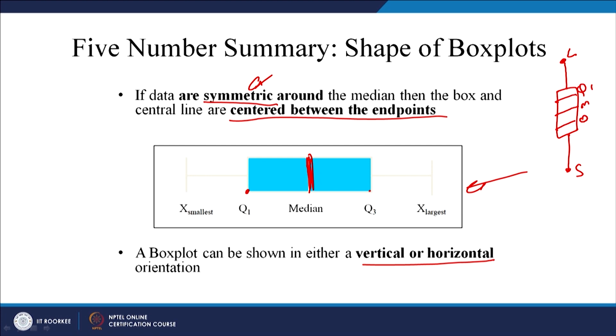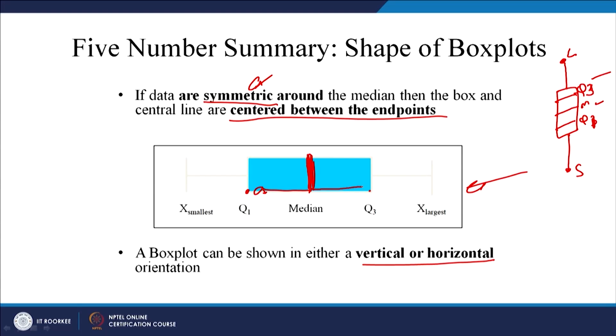This is Q1, this is the median, and this is Q3, and Q3 should be towards the largest value. You can have a vertical box plot as well, but you have to see this point very carefully. If the median is towards Q1, then it would be a positively skewed distribution. If it is towards Q3, it would be a negatively skewed distribution.